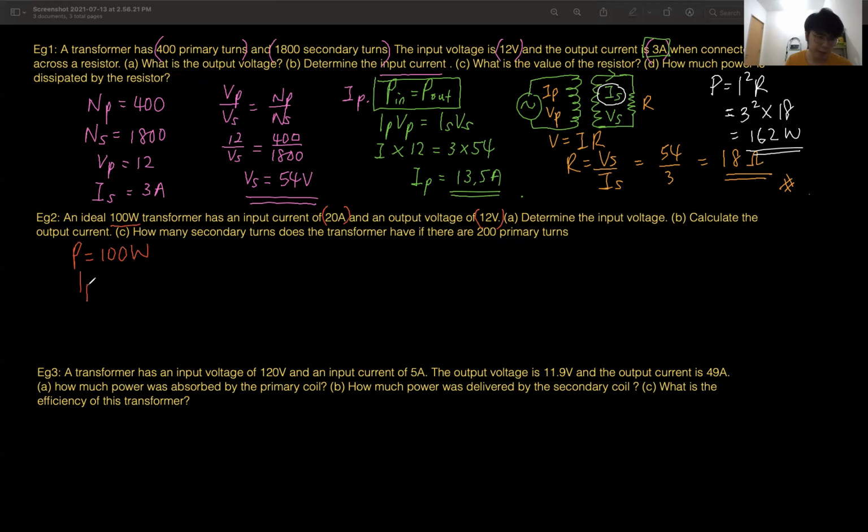Input current, I primary, 20 ampere. Output voltage, VS, is 12 volt. Determine the input voltage. Since I know power in equals power out, so IPVP equals ISVS. Input voltage VP equals ISVS over IP.